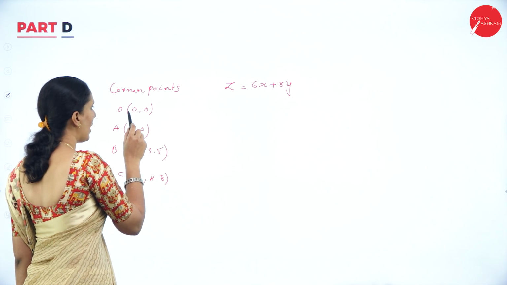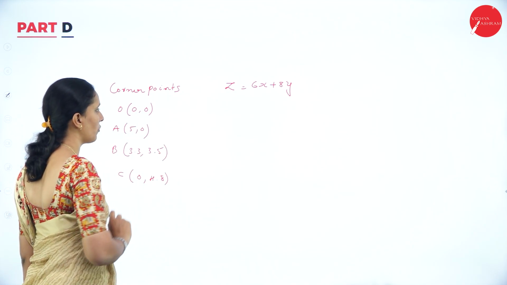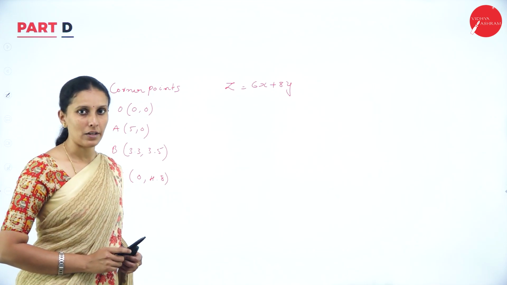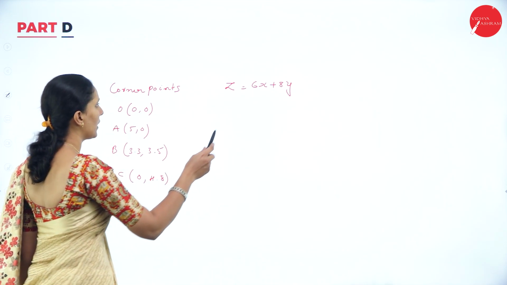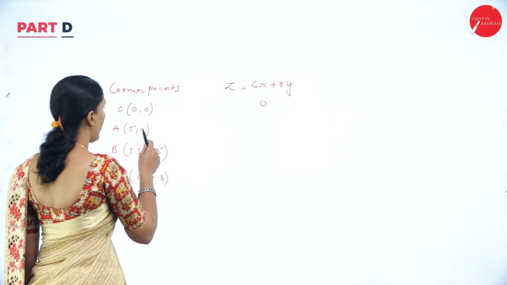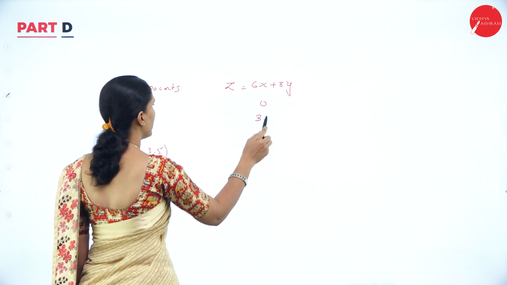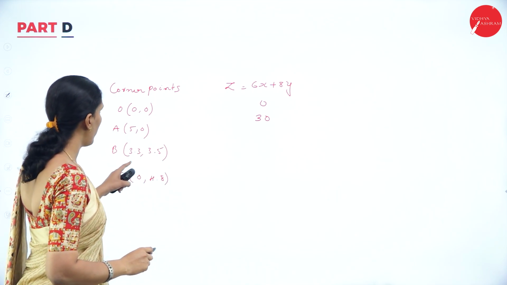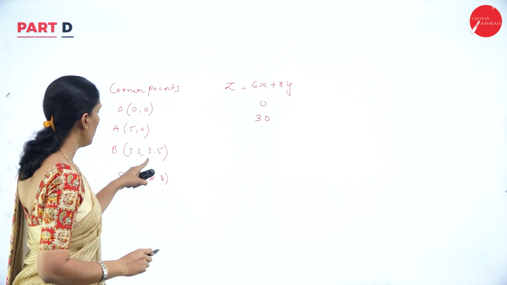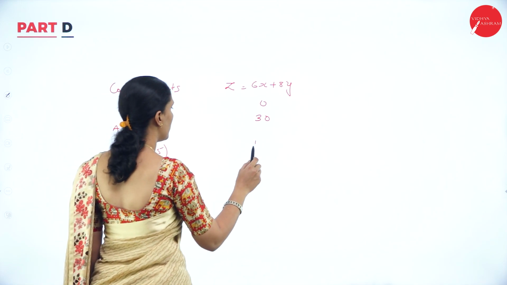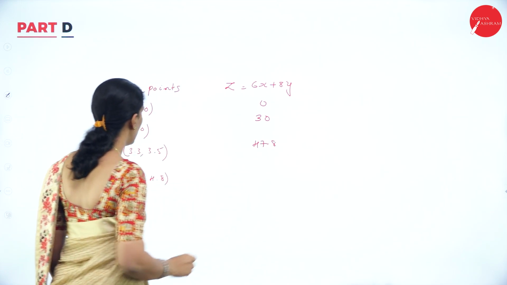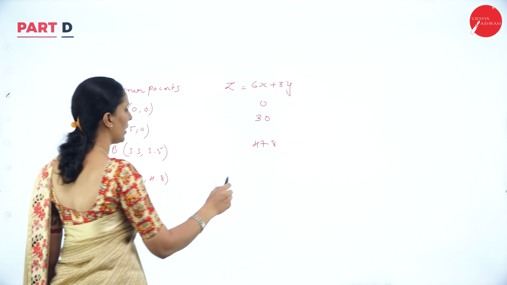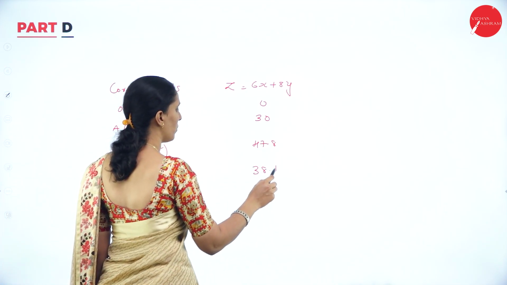Substitute the values of x, y in each of the corner points and then find out the maximum value. For 0, 0 it is 0. For 5, 0, 6 into 5 is 30. Next for 3.3, 3.5, 6 into 3.3 plus 8 into 3.5, on solving we get 47.8. Next 6 into 0 plus 8 into 4.8, we get 38.4.